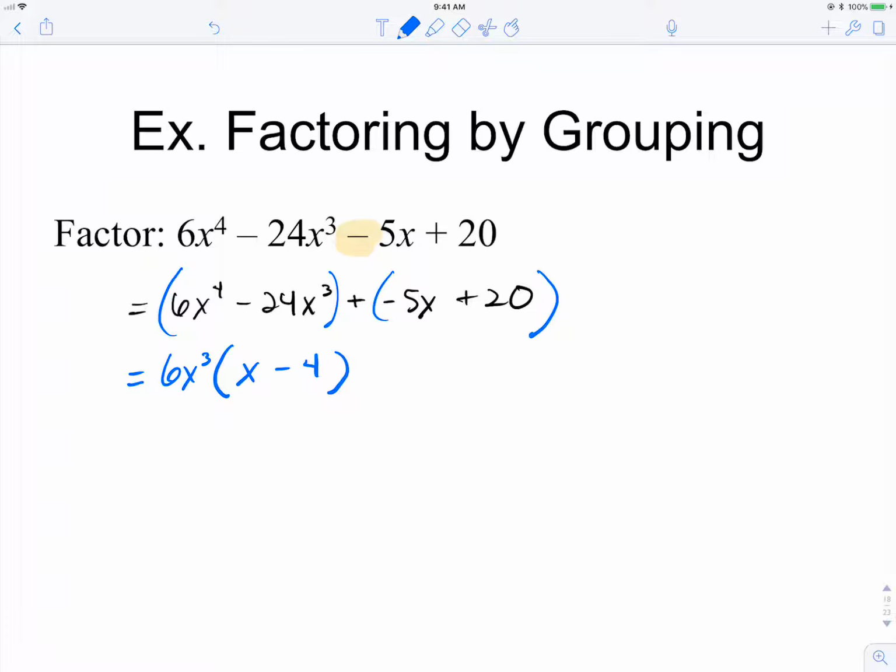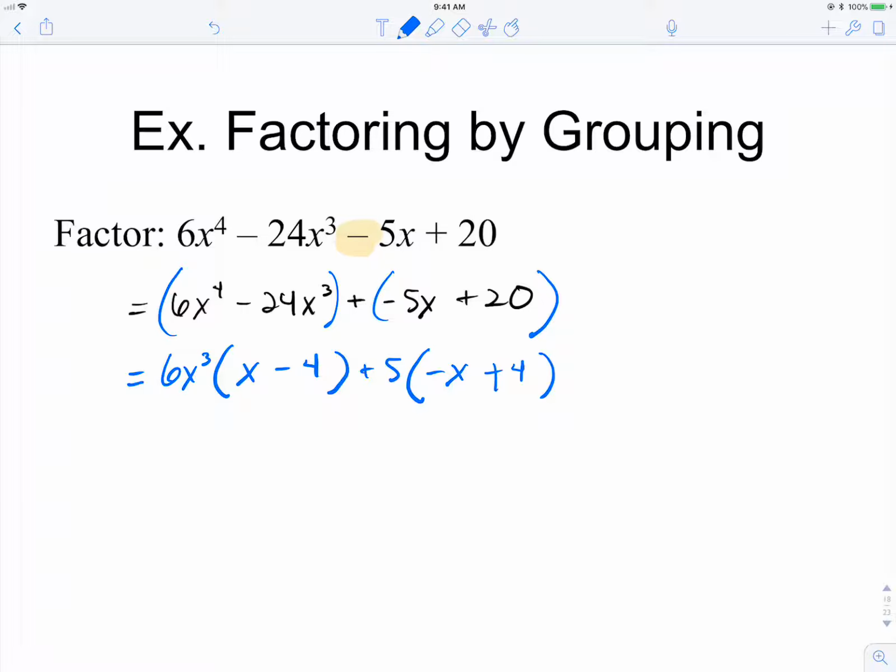And the GCF of negative 5x and 20 is going to be 5. And when I think about what times 5 would give me negative 5x, that would be negative x. And then what times 5 would give me 20? Well, that would be minus 4. No, that would be plus 4, positive 4. Okay?